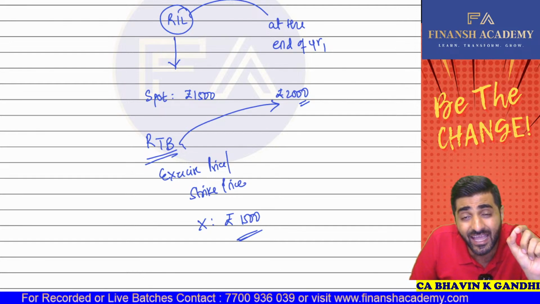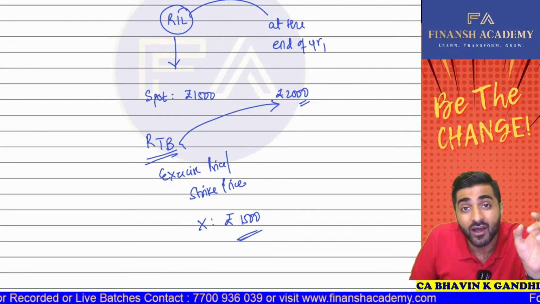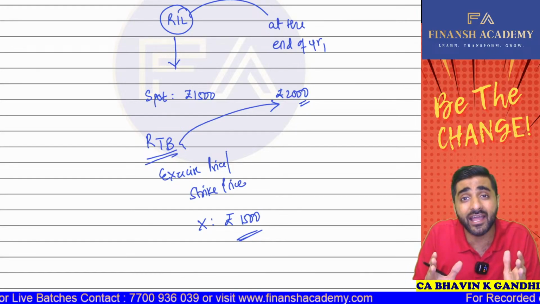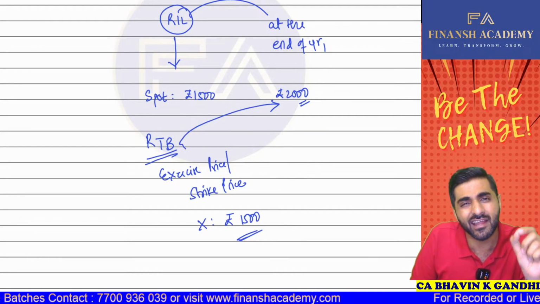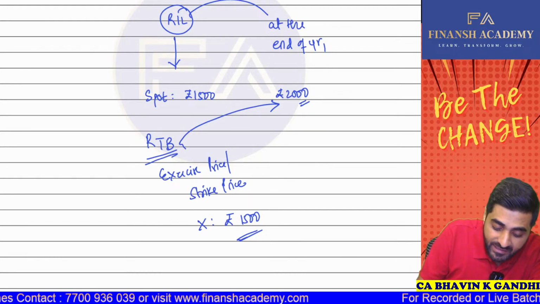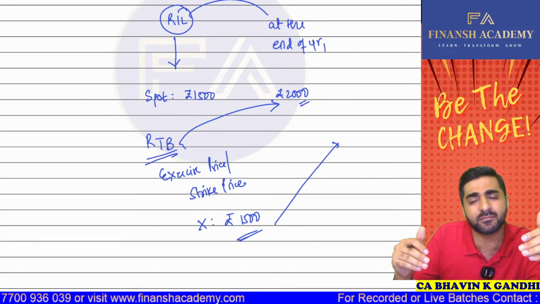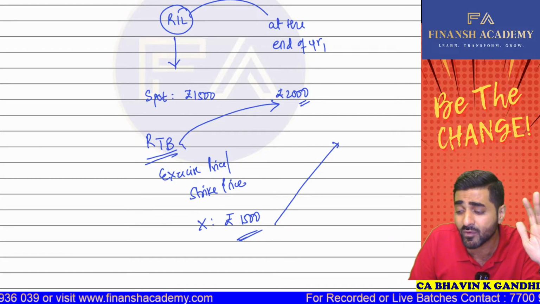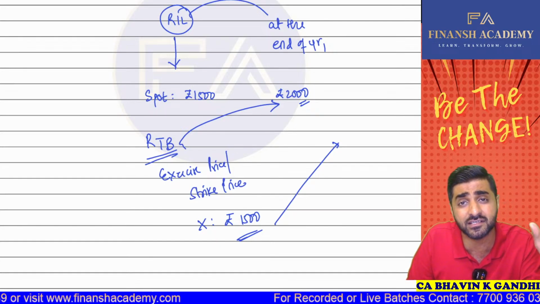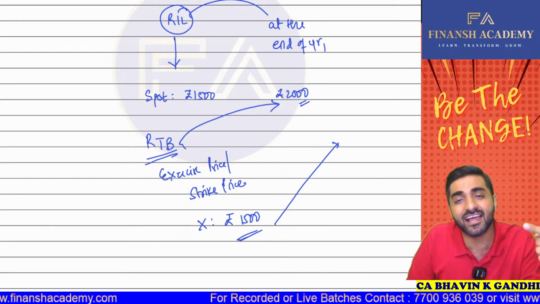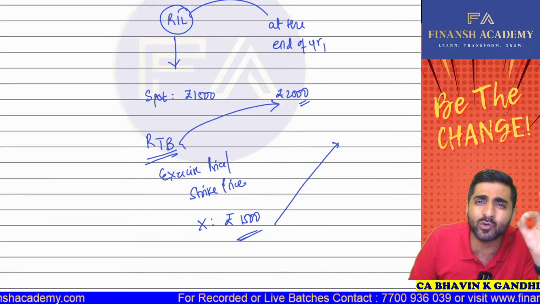So I can enter into a financial contract which gives me a right to buy Reliance Industries Limited at rupees 1500 at the end of year one, irrespective of whatever is the market price at the end of year one. Suppose at the end of year one, even if the market price of Reliance Industries Limited is 4000, can I still buy these Reliance Industries Limited shares at rupees 1500?